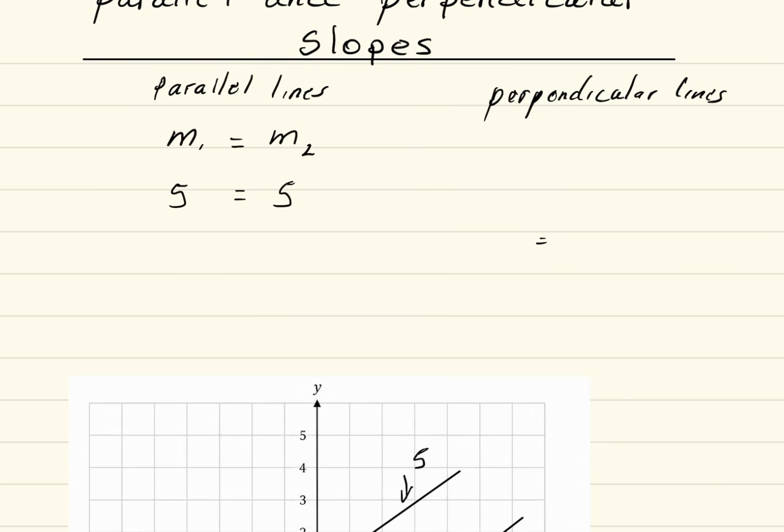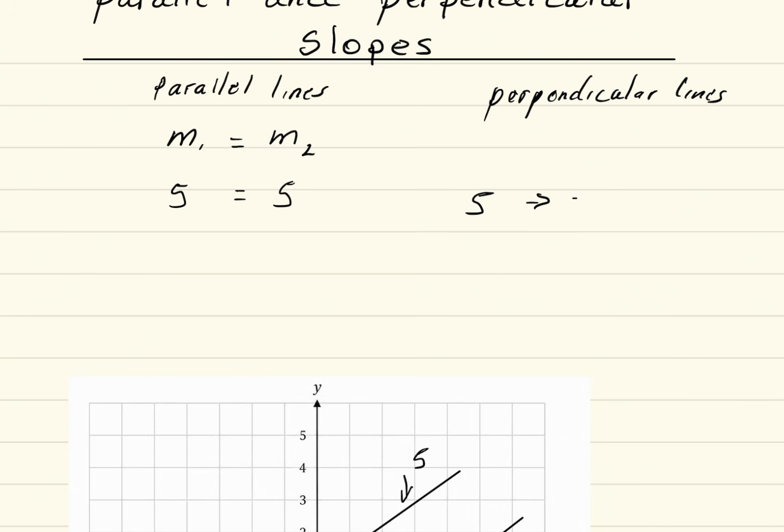So let's say we had a slope of 5 for one line. The other one would be the negative reciprocal. What this really means is it's going to be the negative reversed. So we're going to just reverse it. So it's going to be 1 over 5 and the negative. So these are going to be perpendicular.